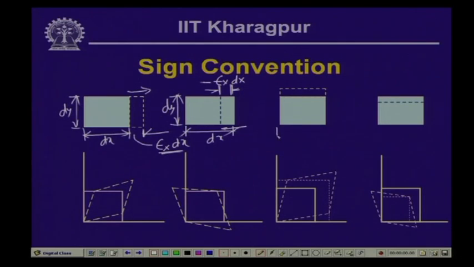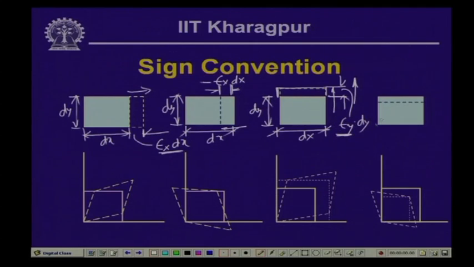Now, here again this is dx and this is dy. In the y direction the element is elongated and it has taken this position. So this extension is equal to epsilon y times dy, and since it is elongation, we call this epsilon y positive.